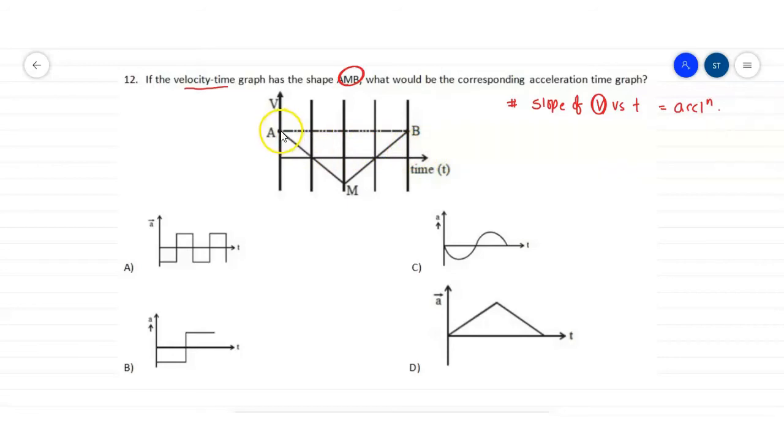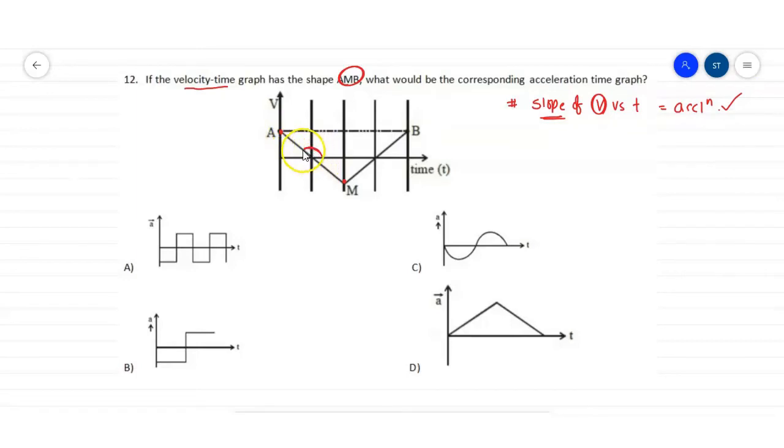So here the path traveled, the velocity versus time graph is along A and B. Now let us see only up to A to M. A to M, the velocity versus time graph is a straight line. For a straight line, slope will remain constant, which means acceleration from A to M will remain constant. And what about the slope, whether it is positive or negative?